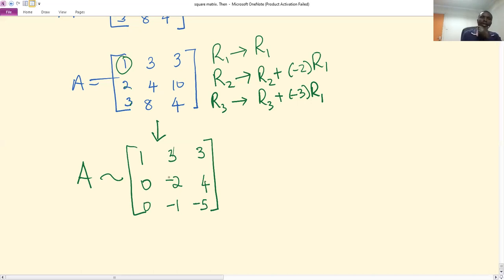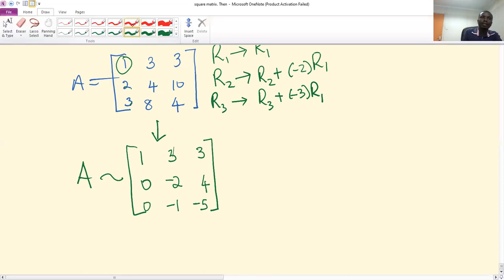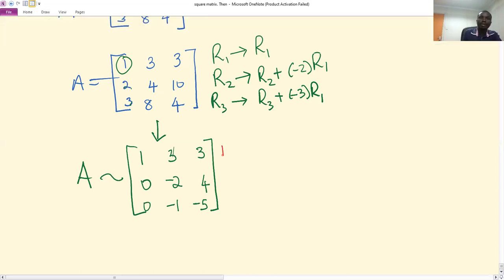As step 2, we can make this one to be 1 by simply multiplying all of this row by -1/2. So you say row 1 remains row 1, row 2 becomes -1/2 row 2, and let's keep row 3 as row 3 in this step.